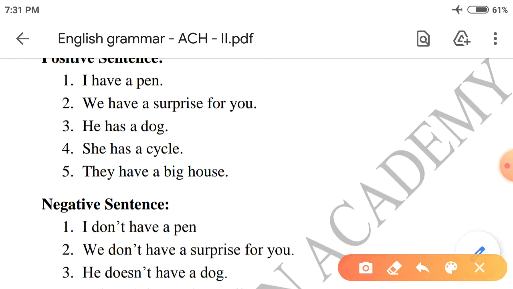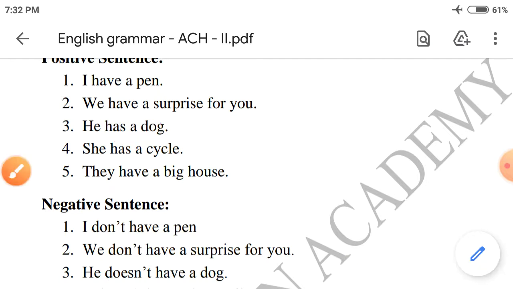So these have form verbs are presented just after the subject. So according to the subject, whether it is he, she, it, there we have to use has. Whether it is I, you, we, they, there you have to use have for the present tense.